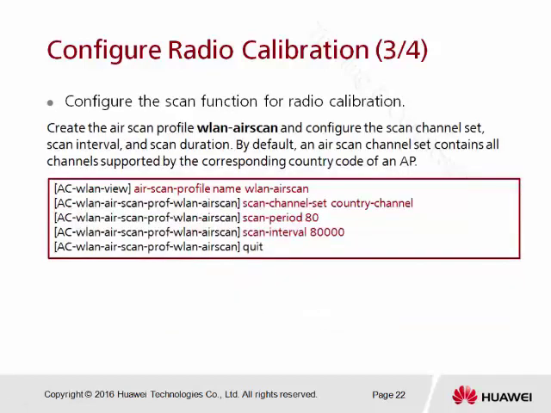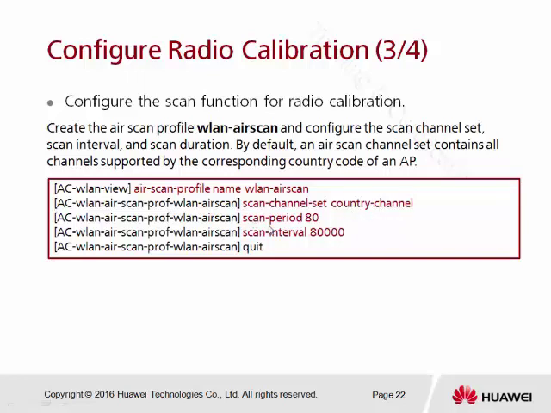Then the next one is to configure the scan function for the radio calibration. We already configured the calibration mode, so the next one is the air scan. On the WLAN, we use air-scan-profile and give a name for this air scan. Over there, we use the scan-channel-set with the country channel that you want to scan.